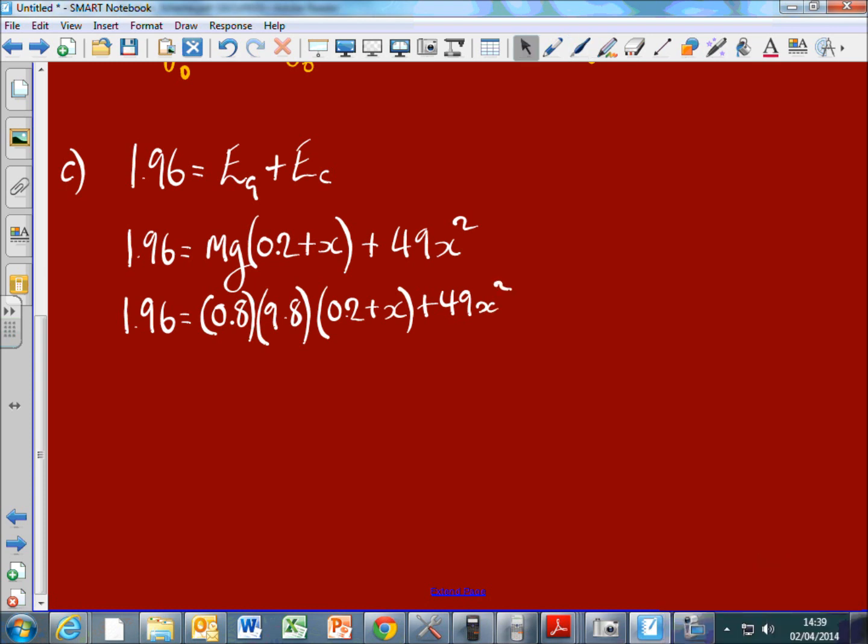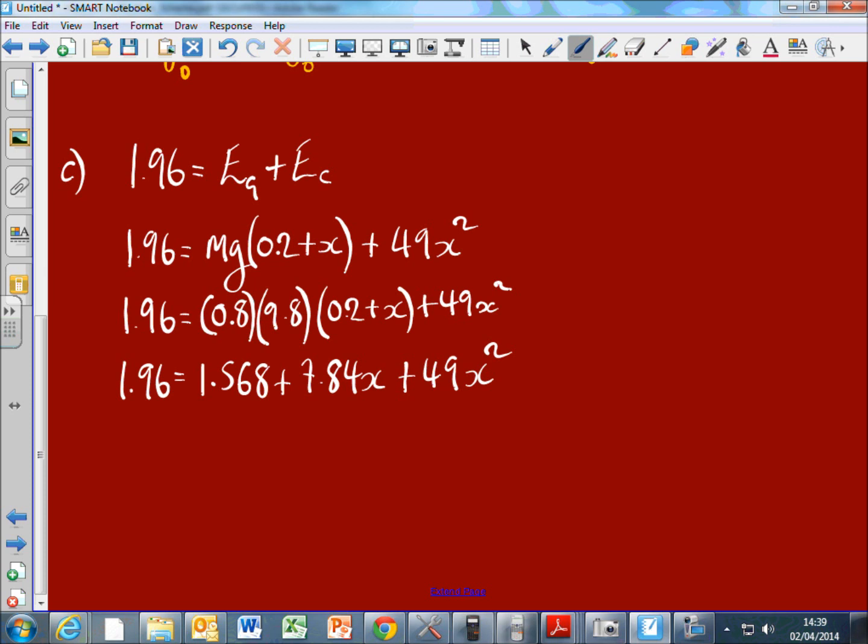I've got 1.96 is equal to, now 0.8 times 9.8 times 0.2, I get 1.568, I think. And then I've got 0.8 times 9.8, and that gets me 7.84x, I believe, and then there's this 49x squared.